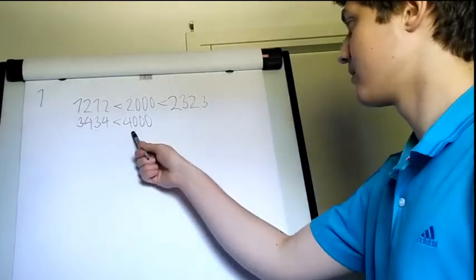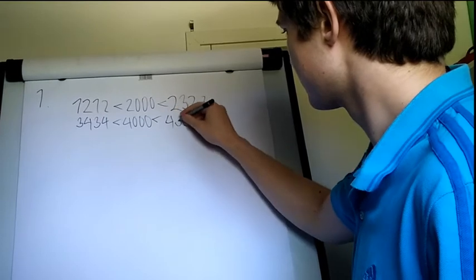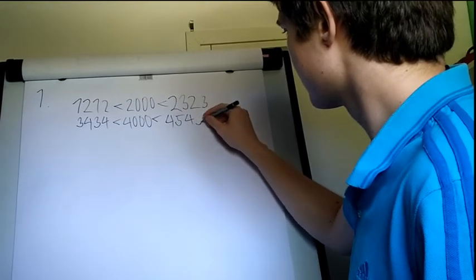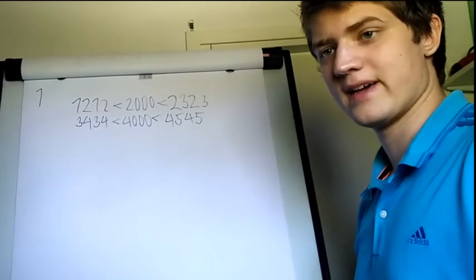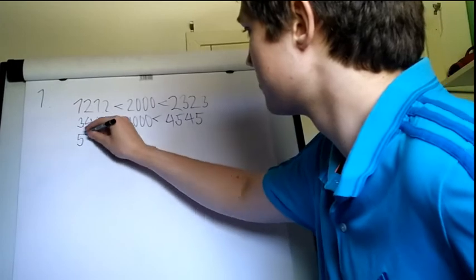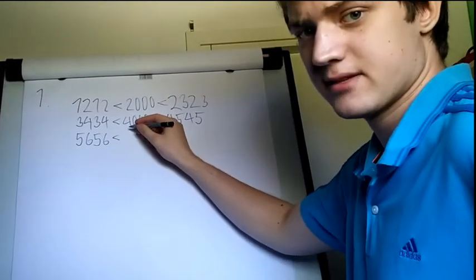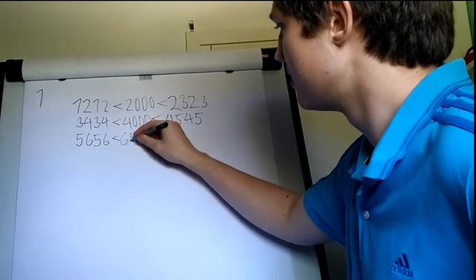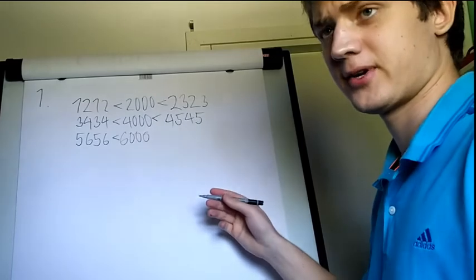and 4545 is of course greater than 4000. And lastly, we can conclude that 5656 is less than 6000, which is less than 6767.